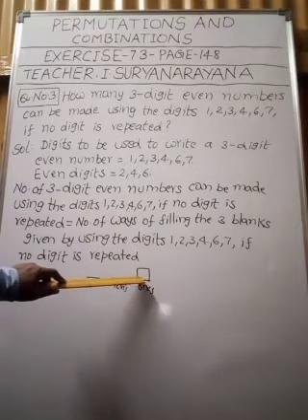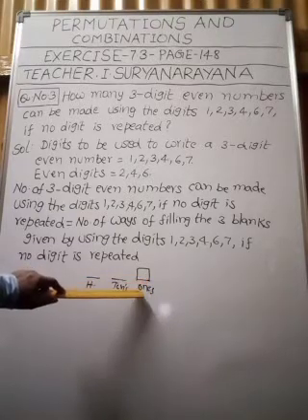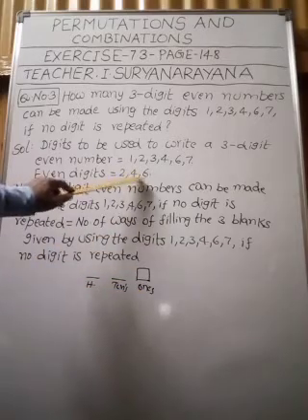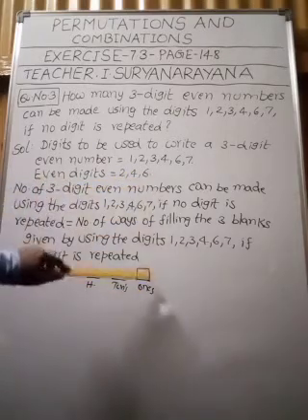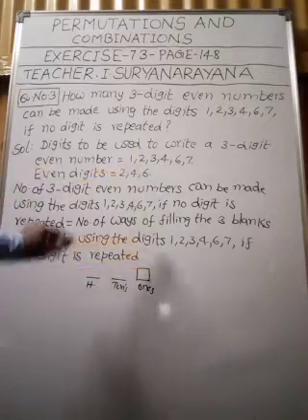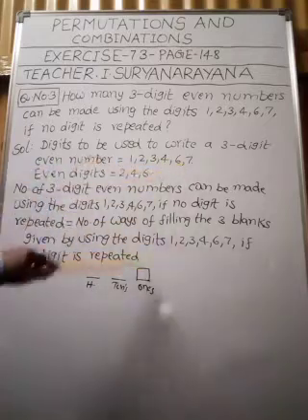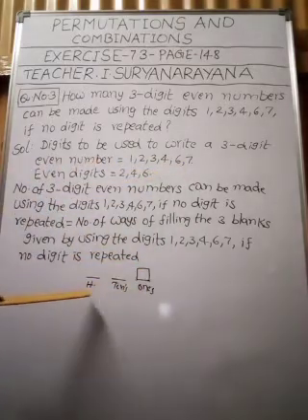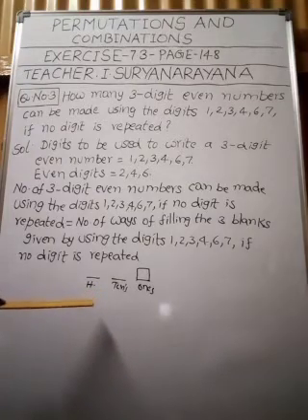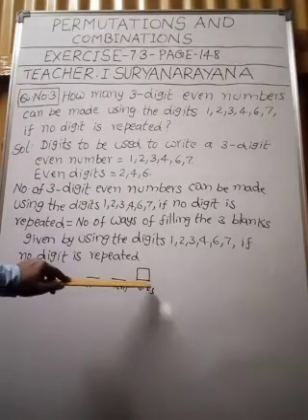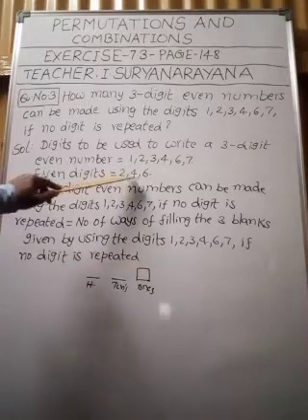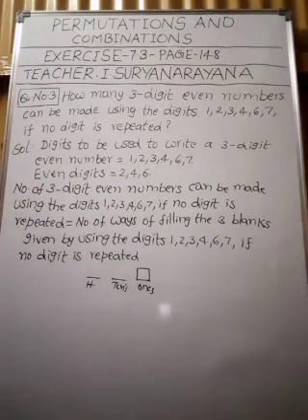So the units place or ones place can be filled by these 3 digits. Yes or no, my children? If you fill by these numbers, either 1, 3 or 7, is the number said to be an even number? Not at all. That is why first we fill this units place by these 3 even digits. Yes or no, my children?